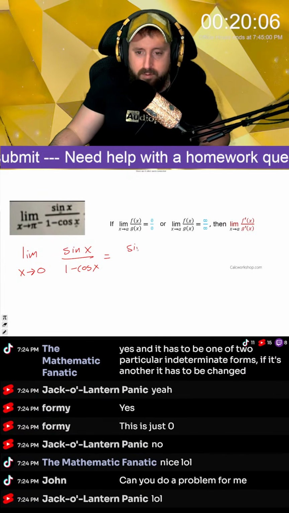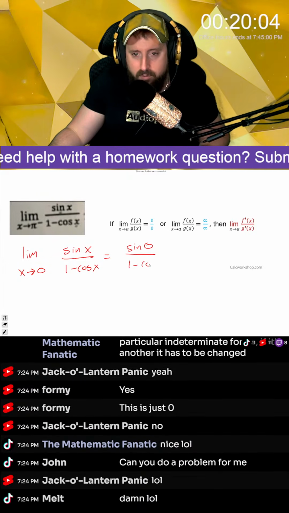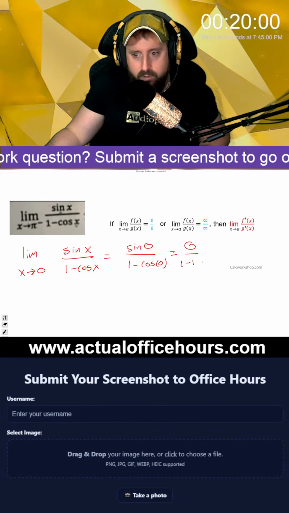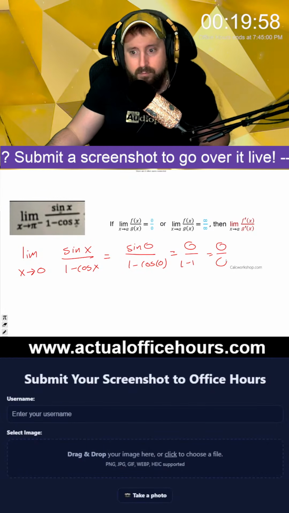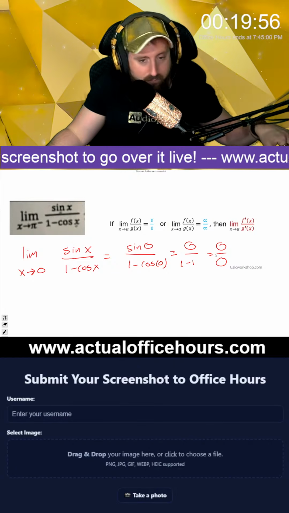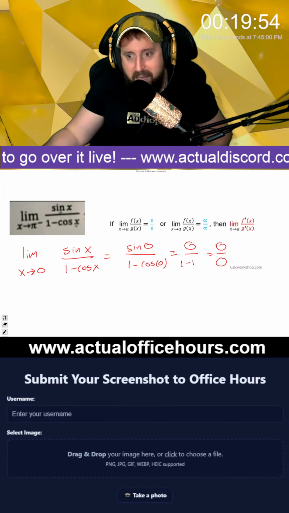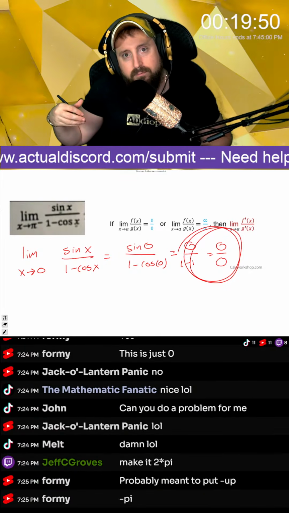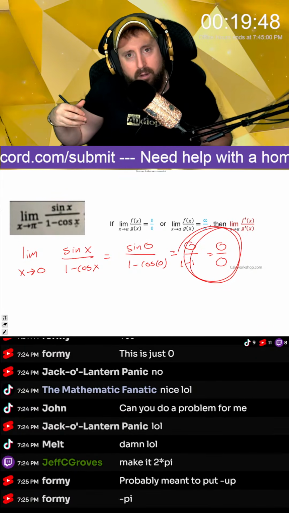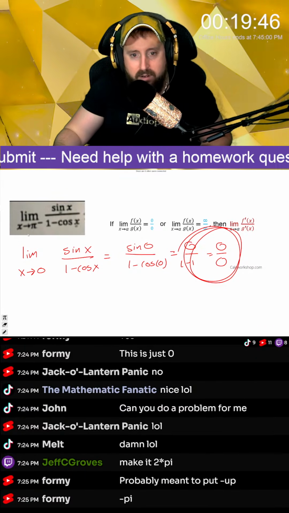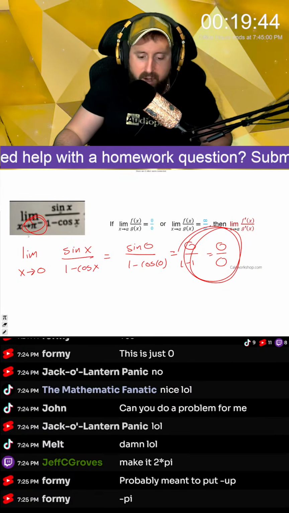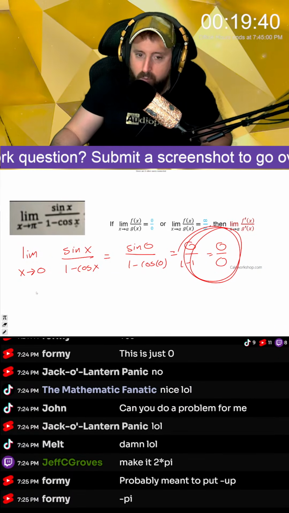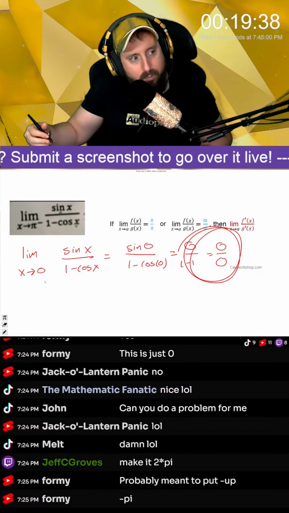This would have been sine of 0 over 1 minus cosine of 0, and that would have been 0 over 1 minus 1, which is 0 over 0. Surprise. Probably meant to put minus pi, but even minus pi would do the same thing. I think they wanted either to approach 0 or approach 2 pi.